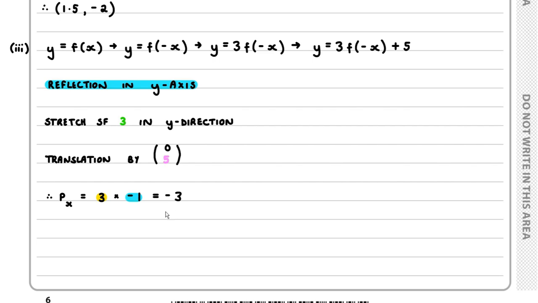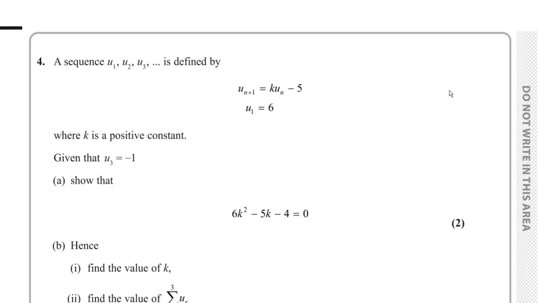Now, for the new y-coordinate of P, we need to begin by multiplying by 3. So we have negative 2 multiplied by 3, and then we add on the 5. So the new y-coordinate of P is negative 1, meaning the new coordinates of P will be (-3, -1).